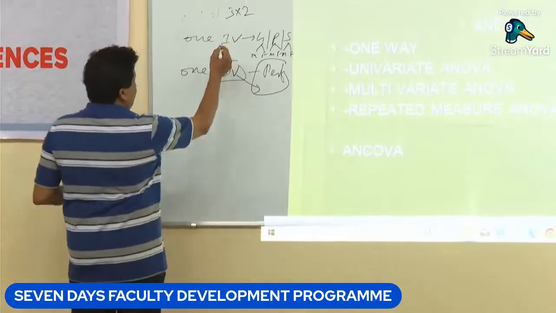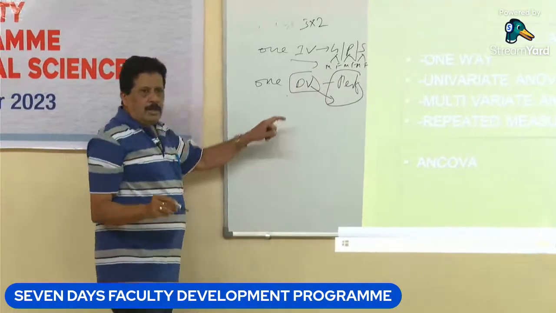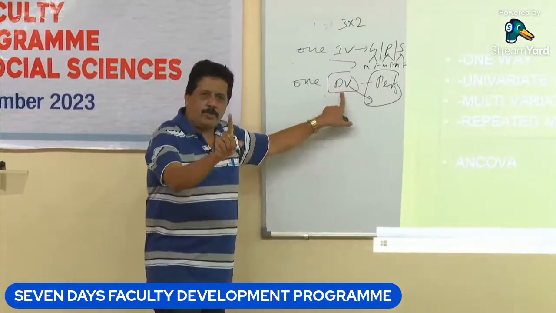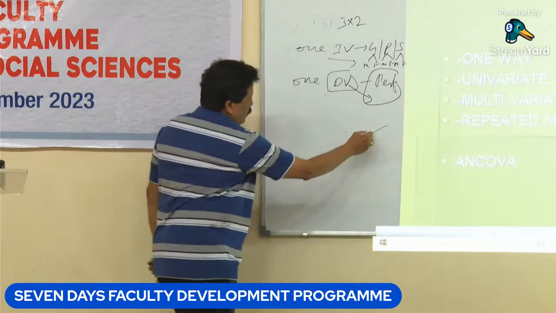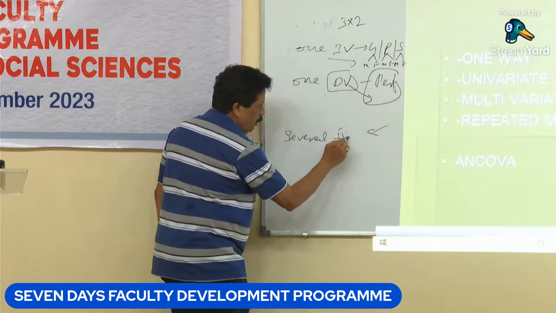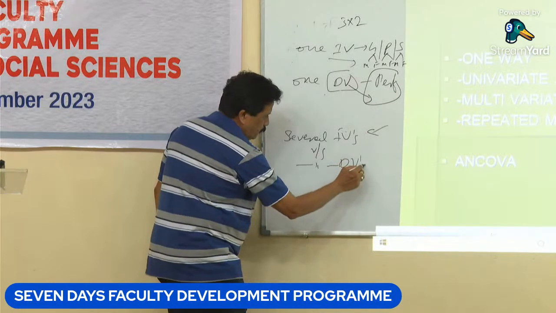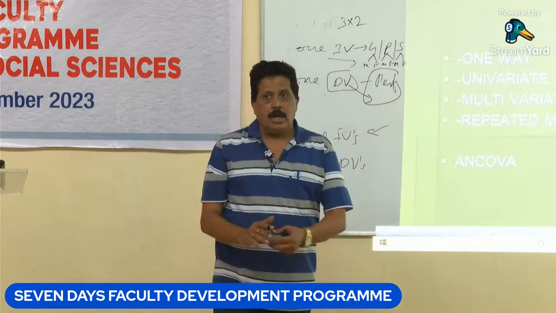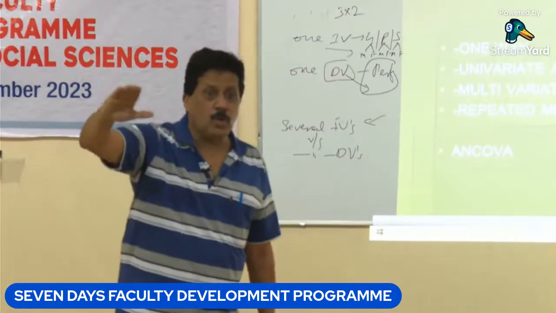All the time so far we talked about one or more independent variables, but till univariate we spoke about only one dependent variable. In MANOVA what we do is several IVs, several independent variables versus several DVs. This is more important. Now the number of dependent variables is being increased, that is called MANOVA.